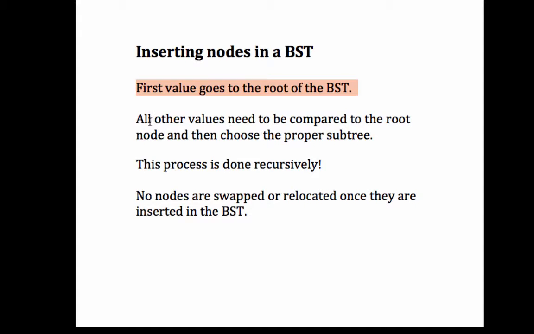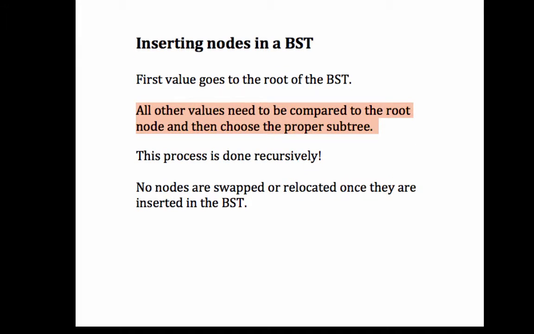Once we do that, for all the other incoming values we need to choose the proper subtree, the right subtree or the left subtree, applying the rule that we just described. This process is done recursively, meaning that once you arrive at a node, you decide whether you're going to go left or right based on the rules we discussed at the beginning of the video.